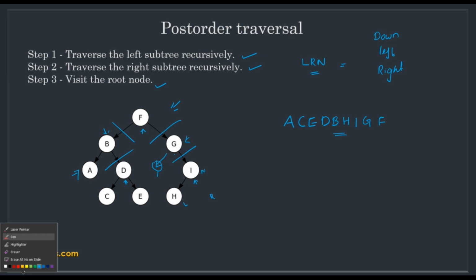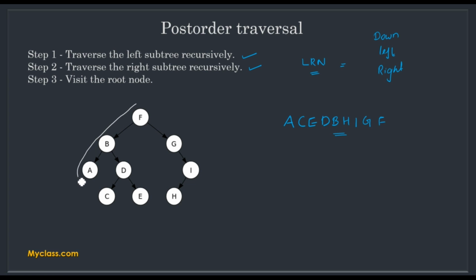Let's see. When we are traveling, F is now left, B is at left, A is at left, now A is at down, now A is at right. So we are visiting A.